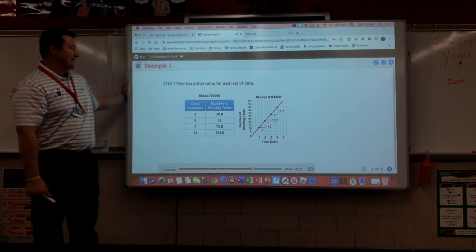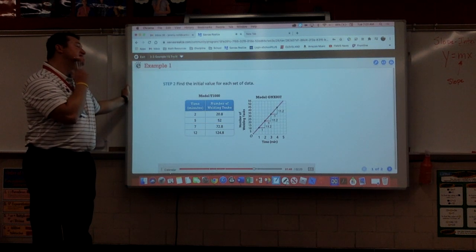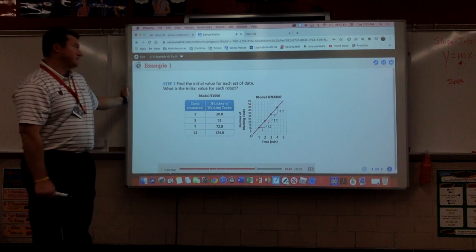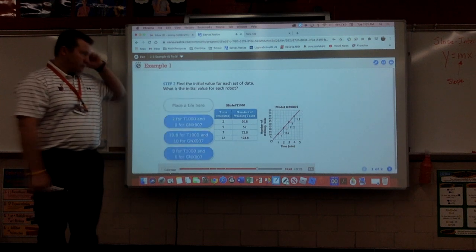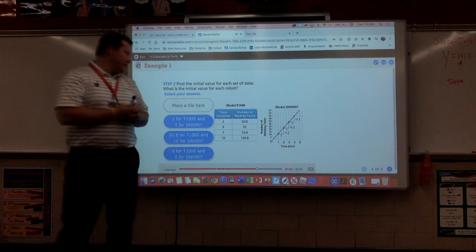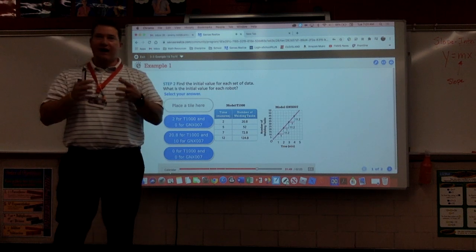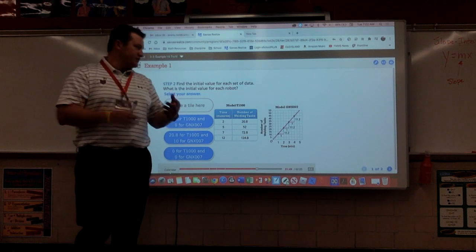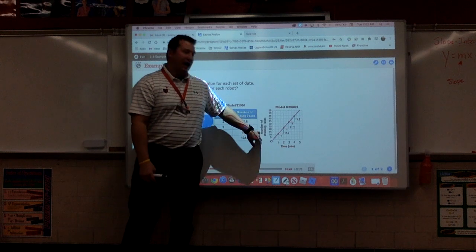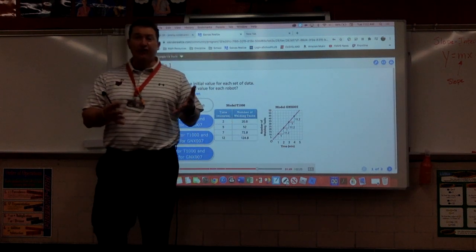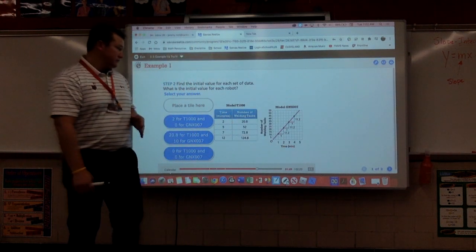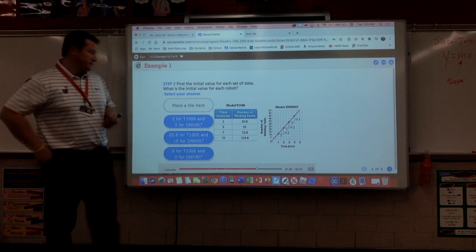The other way to compare the robots is to find the initial values. What is the initial value for each robot? When you think about initial value, where does this start? So at a time of 0, how many welding tasks have either of these robots done? Well, if they aren't turned on, are they going to make any?